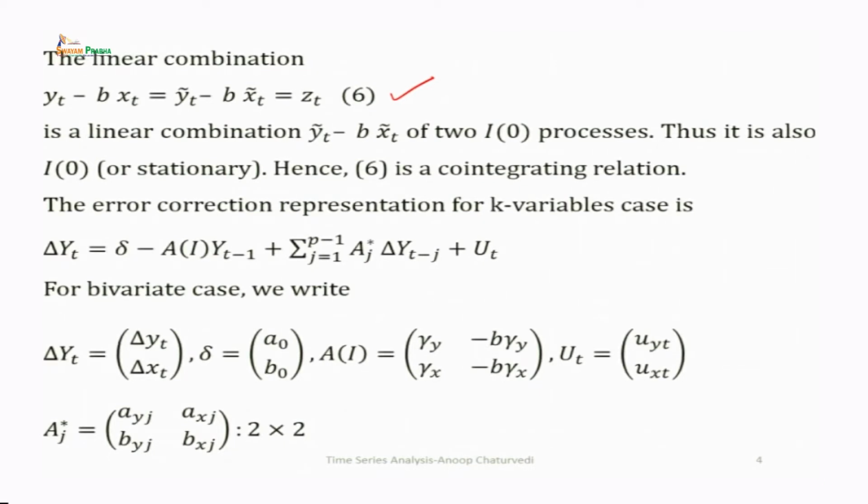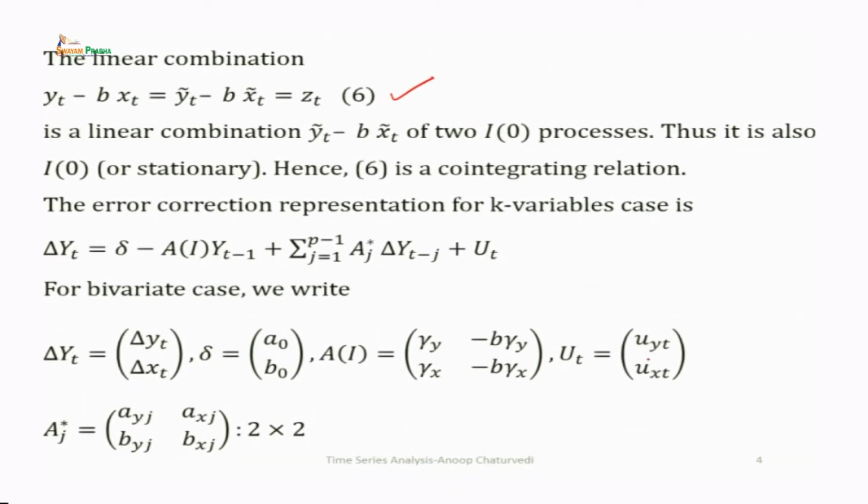Then suppose we consider the bivariate case. Then delta y t is equal to delta y t, delta x t, say you have 2 times these y t and x t. Then small delta we write as A naught, B naught. A I is written as, say, small gamma y, minus b gamma y, gamma x, minus b gamma x.